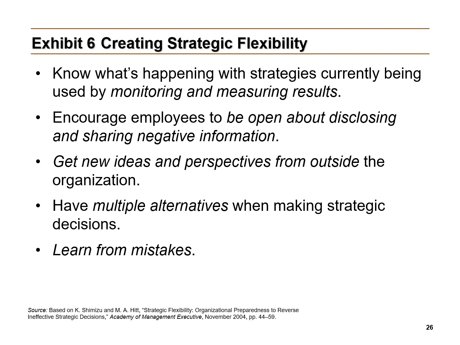Number three, get new ideas and perspectives from outside the organization. Number four, have multiple alternatives when making strategic decisions. The final word is learn from the mistakes. So these are the few points which help in creating strategic flexibility.